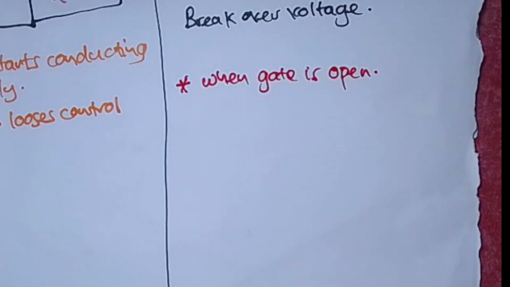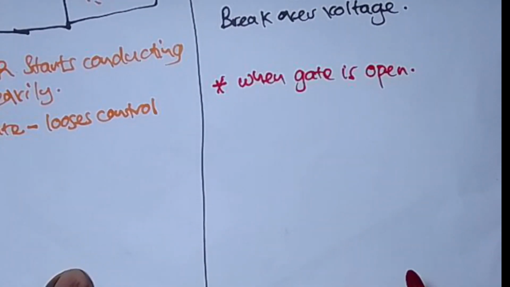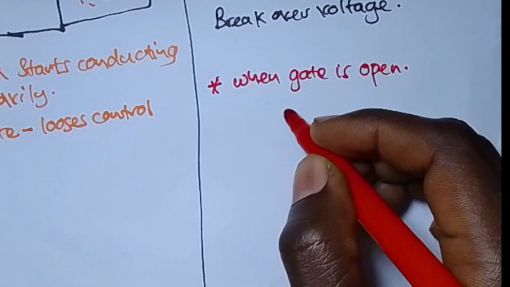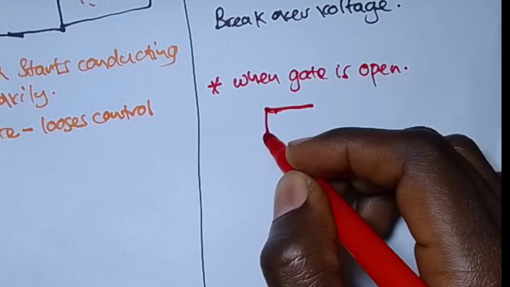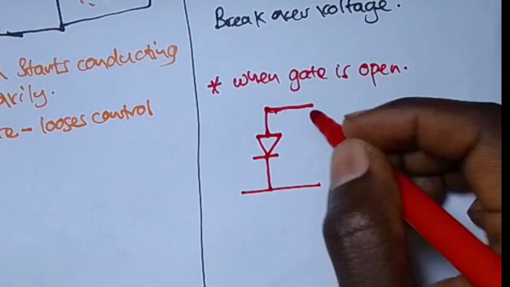So I was saying when the gate is open and the anode is made positive, this is what is happening. So we have the terminal like this. Now we have to talk about the junctions.